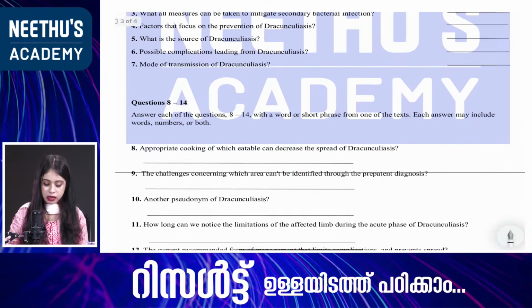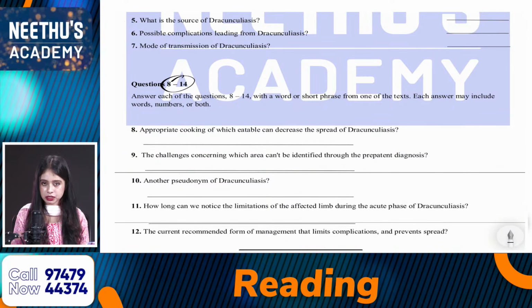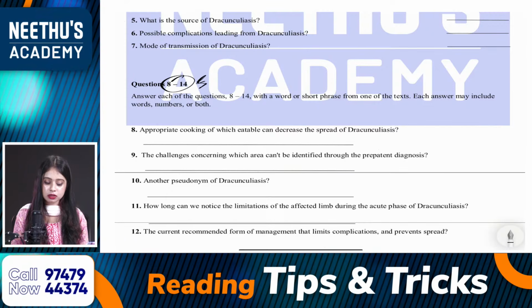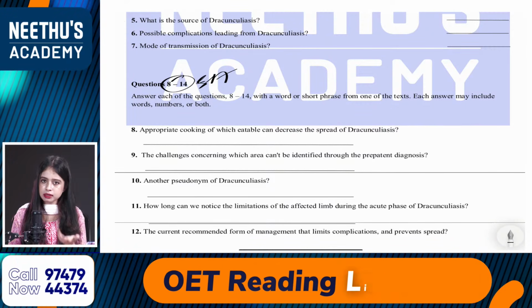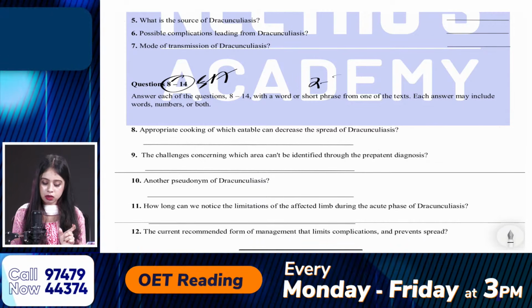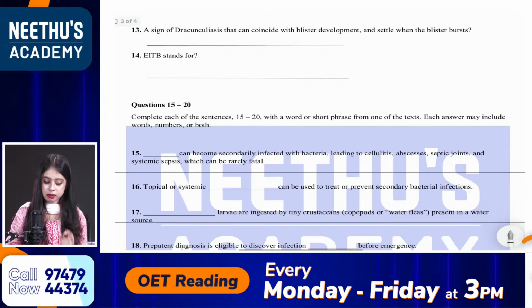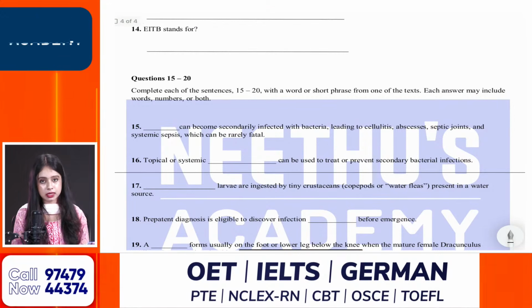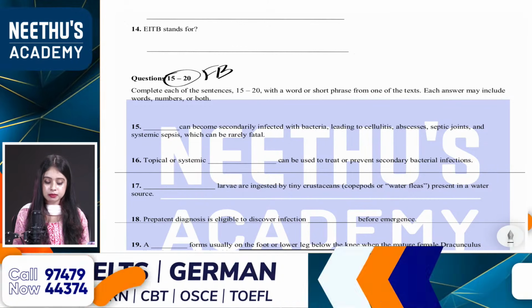And the second section is 8 to 14. These are short answer questions, so as the name itself indicates, short answers, maximum 2 to 3 words. The rest of the questions, the third section, 15 to 20, are fill in the blanks.